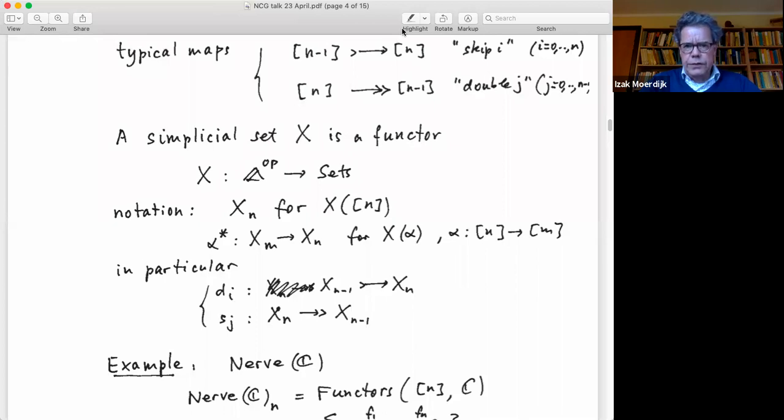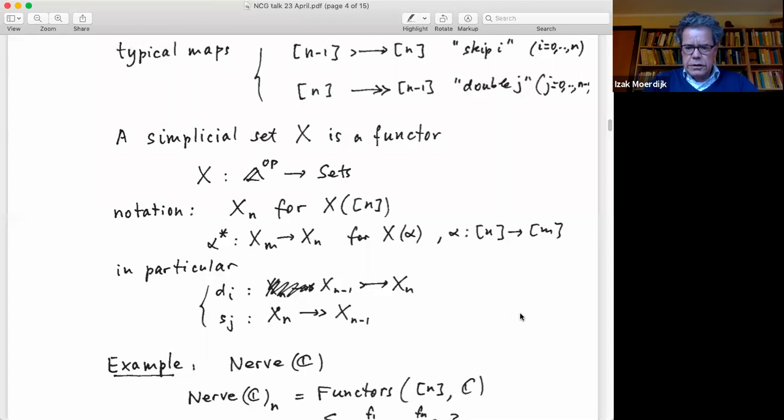And in particular, for these two maps that we have here, we have the face maps, di from xn to xn minus 1, and sj from xn minus 1 to xn. Okay, these maps, this is in fact a split mono, and this is a split epi. So di, since it's a contravariant functor, will be a monomorphism, which in fact has a retraction, and sj will be an epimorphism which has a section.